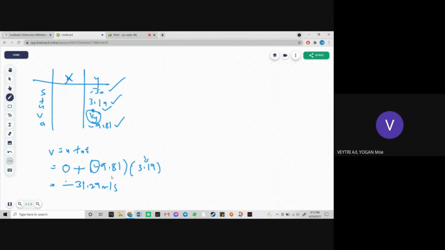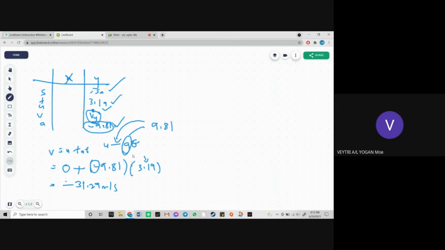Dekat sini, I want to highlight. Sometimes, formula can be U minus GT. Same thing over here. G ni adalah gravitational acceleration. So, value untuk G adalah 9.81. Acceleration dekat sini, negative 9.81. They basically just took up the negative and put it over here.